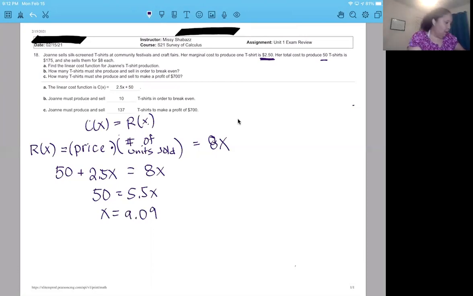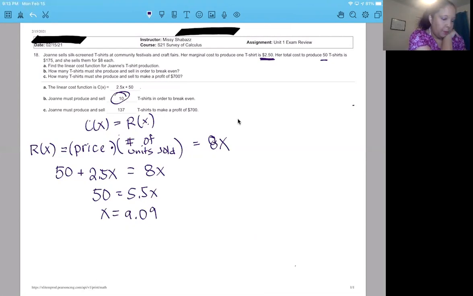All right, but I want to know how many they must sell. So I have to round up to 10, right? Because if I sold just 9, I wouldn't break even. So I need 10 shirts to break even.